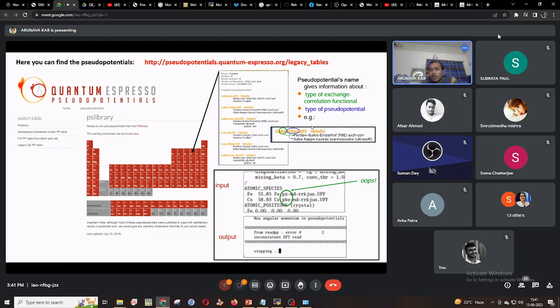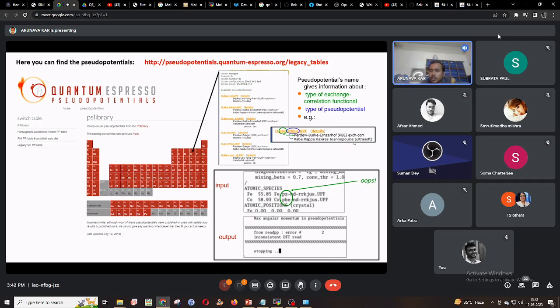So what we need to use for this Quantum Espresso, you can use all of this, but for this PBE and ultrasoft pseudopotentials are well optimized for Quantum Espresso calculations. So we always try to use these PBE ultrasoft pseudopotentials for the calculations, but you can use others.